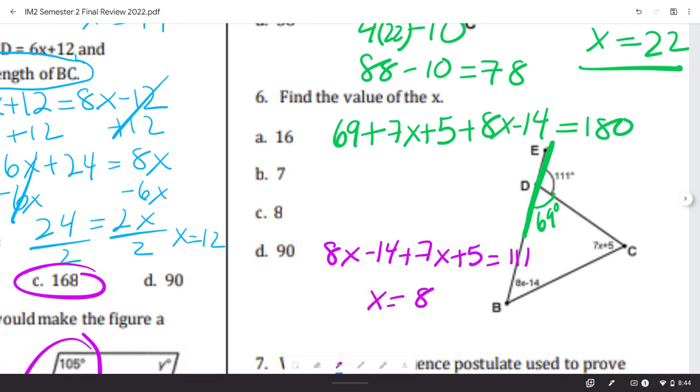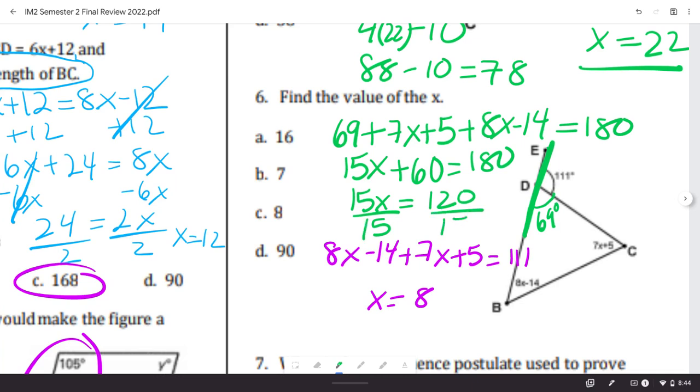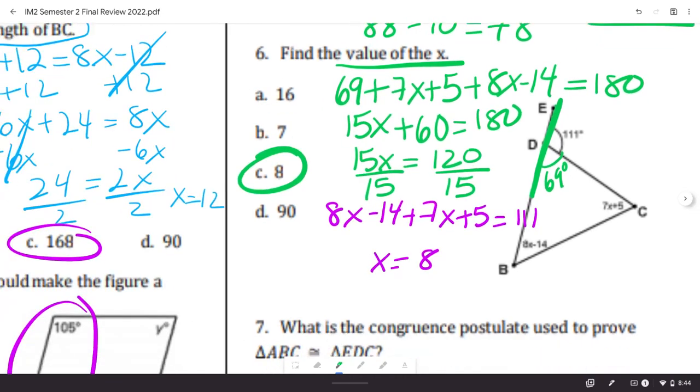Both of those should give you x equals 8. Okay, and that's all this is asking, is find the value of x. We don't have to plug it in and find anything else.